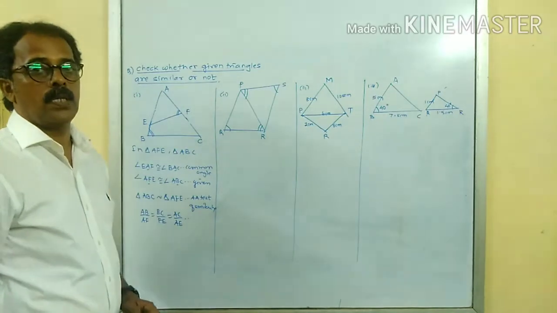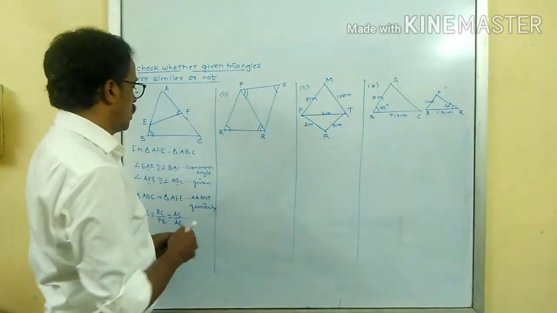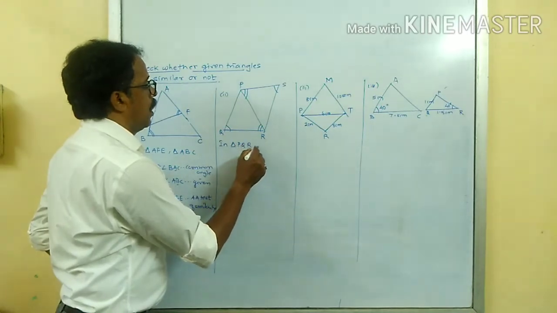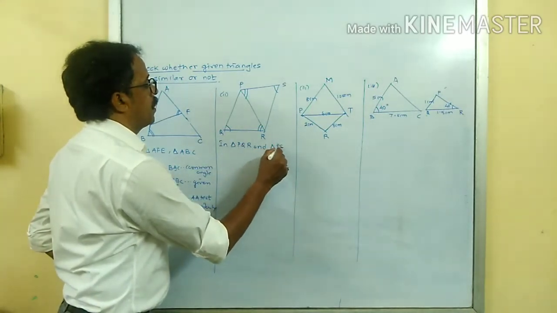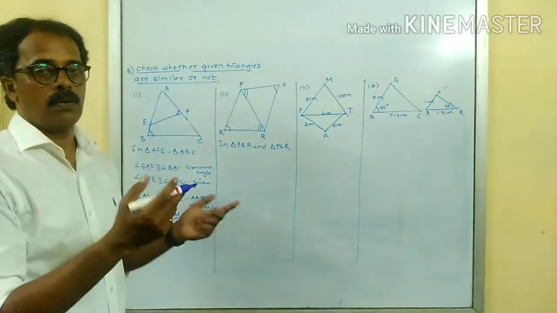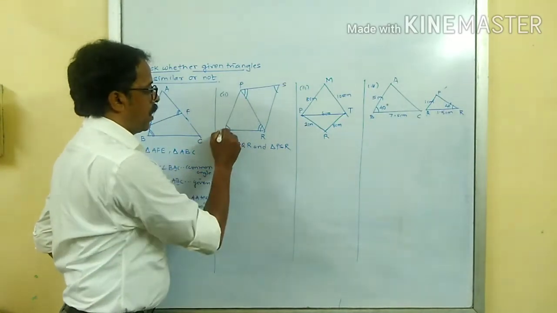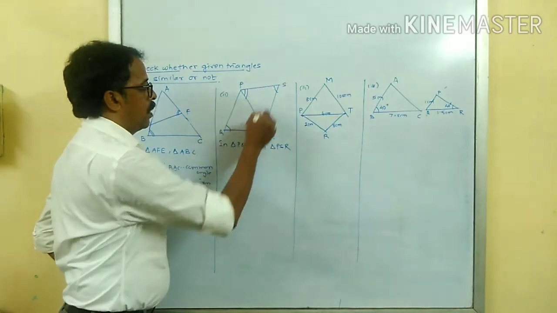For the second question I have given, again you can recognize there are two triangles, triangle PQR and triangle PSR. Anyway, you can name them or write them. What do we observe? Angle PQR is congruent to angle PSR.